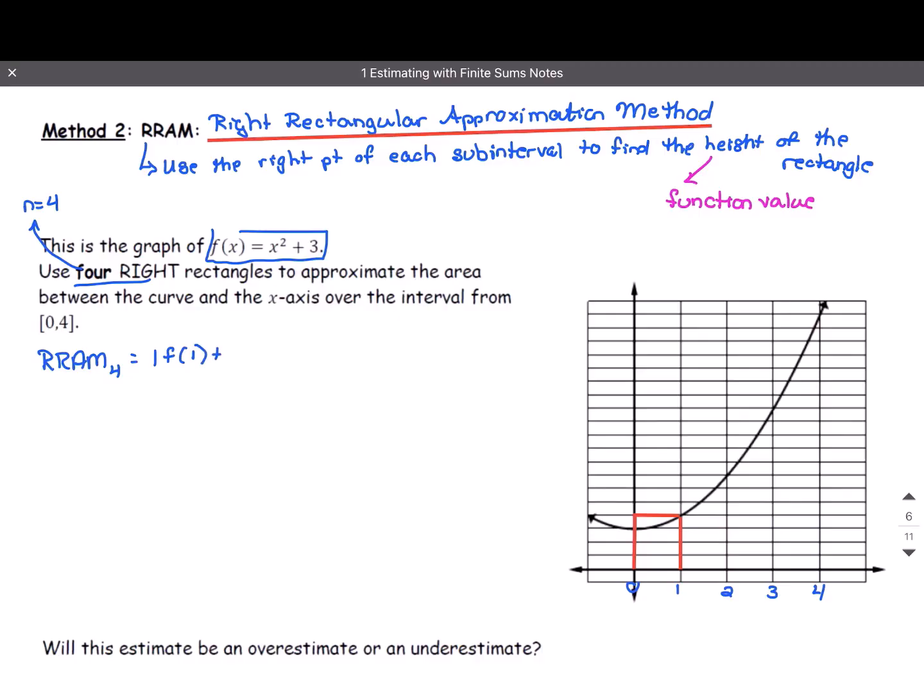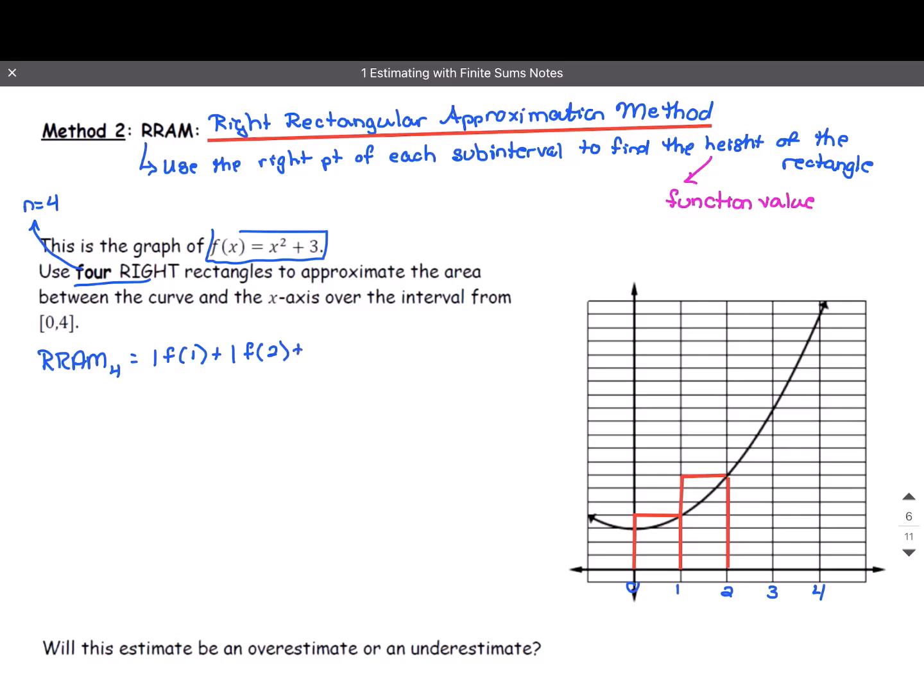Plus, now between 1 and 2, 2 is the number on the right, so we use 2 to find the height. Follow it back to the beginning of the interval and down. Now we have that rectangle. The base of that rectangle is 1. From 1 to 2 is a change of 1. And the height, we're using 2 to find the height of the function.